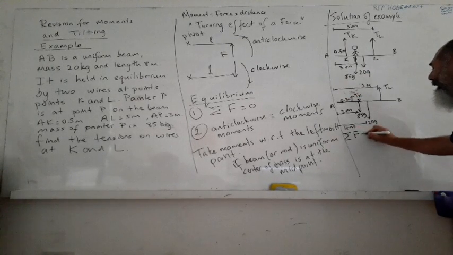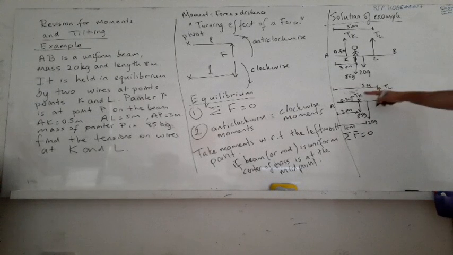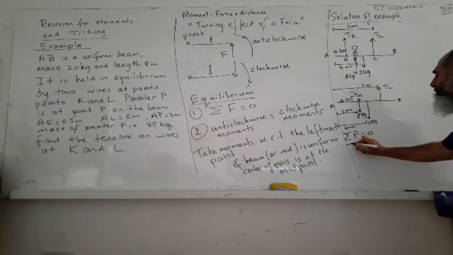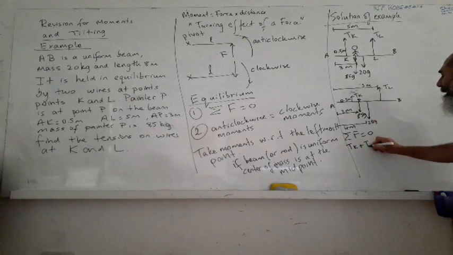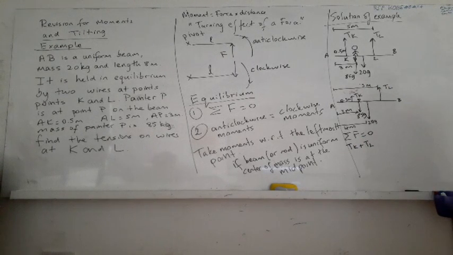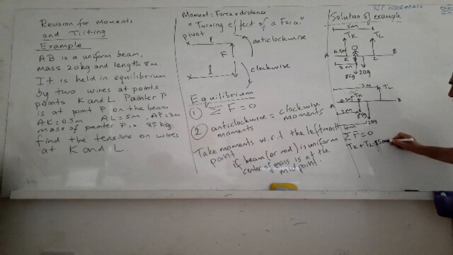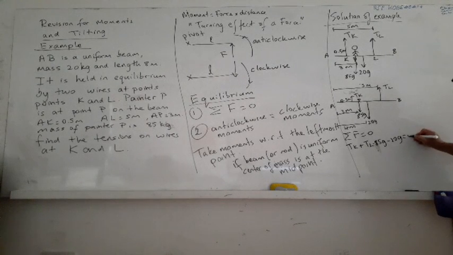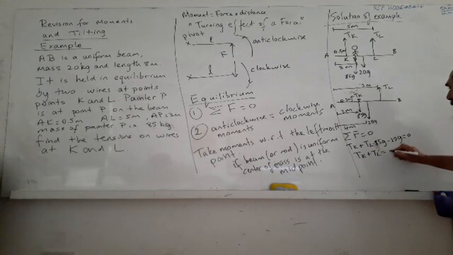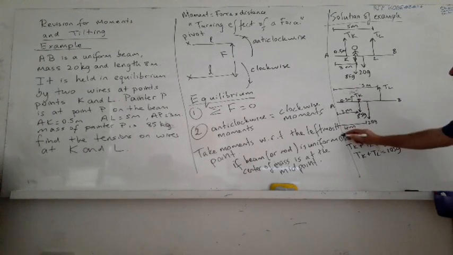We have two forces pointing up, Tk and Tl, and two forces pointing downwards. So their sum is equal to 0. So Tk plus Tl is equal to 105 G. This is the first condition there.